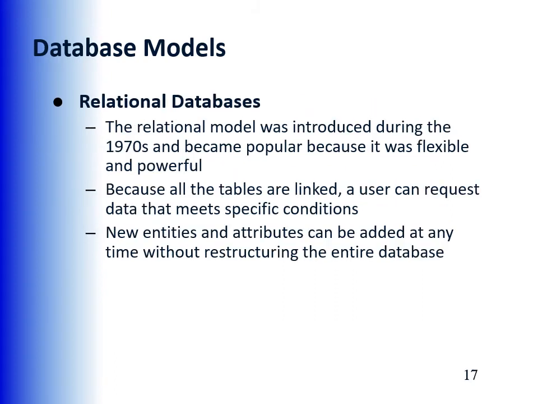The relational database is a model introduced during the 1970s that became popular because it was flexible and powerful. Because all the tables are linked, a user can request data that meets a specific condition. So new entities and attributes can be added at any time without restructuring the entire database.